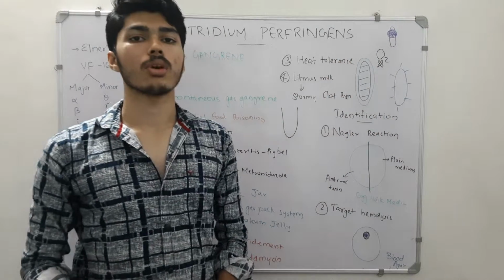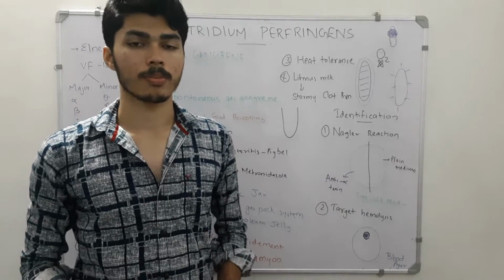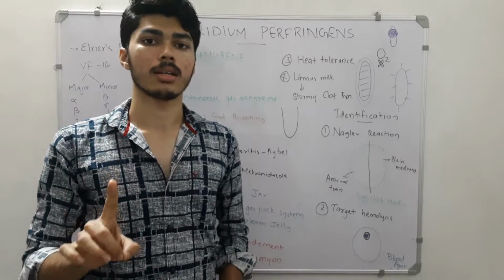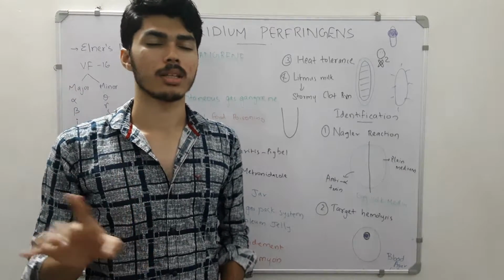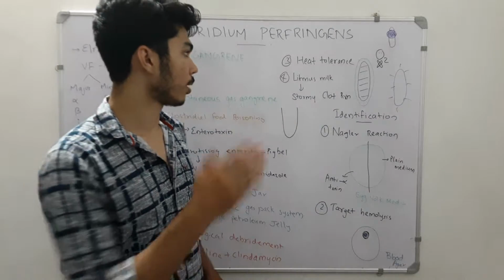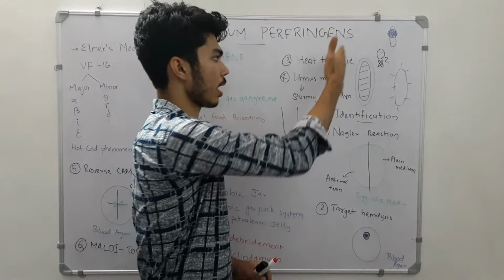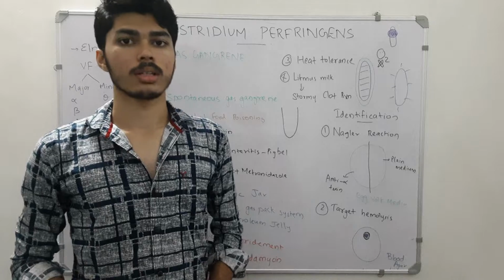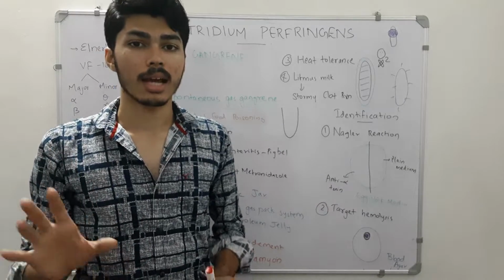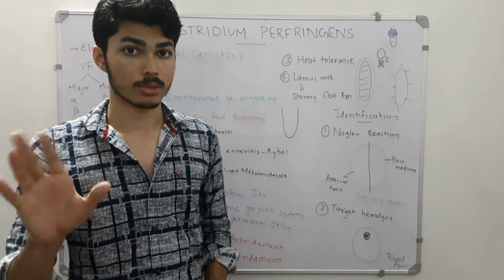That is a capsule of Clostridium perfringens. Remember that most of the species belonging to Clostridium don't have any capsule, but Clostridium perfringens has a capsule. And one more thing, they are strict anaerobes.